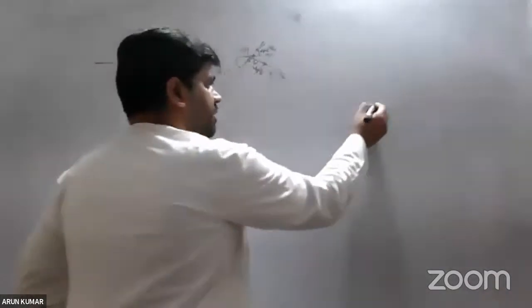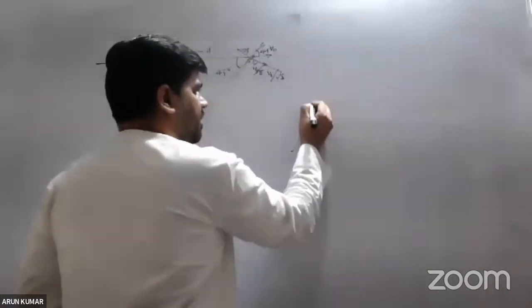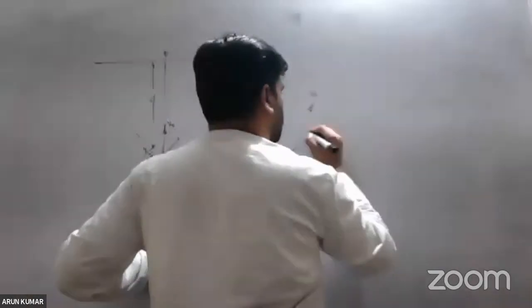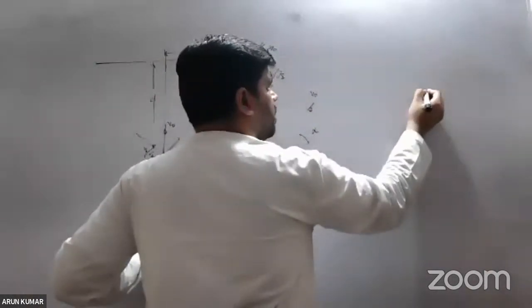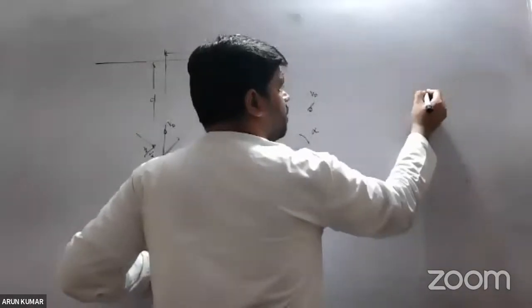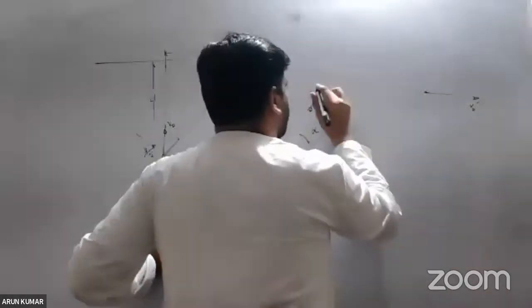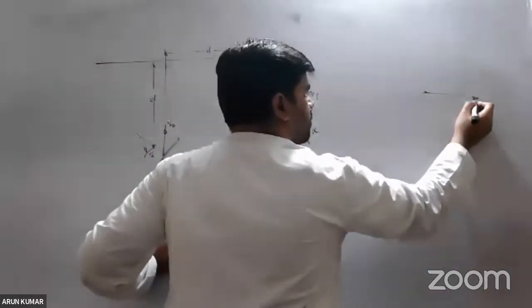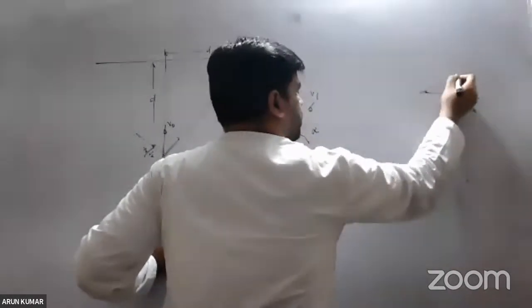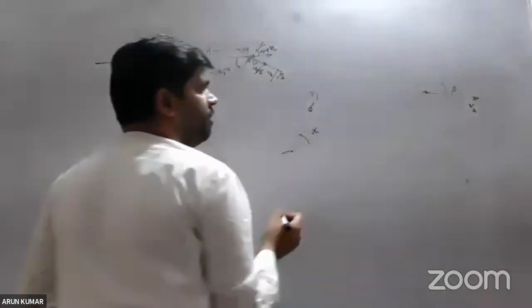I'll first take components. Velocity v naught goes like this, this is alpha. This goes with v naught prime, or v1, v2, with beta.